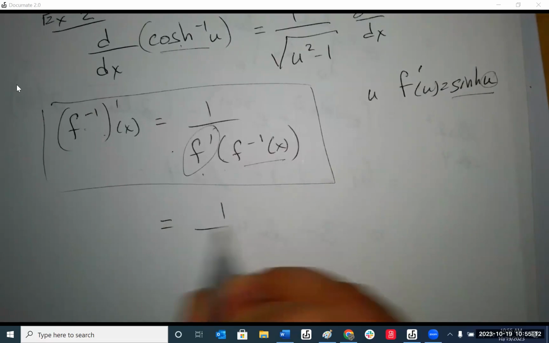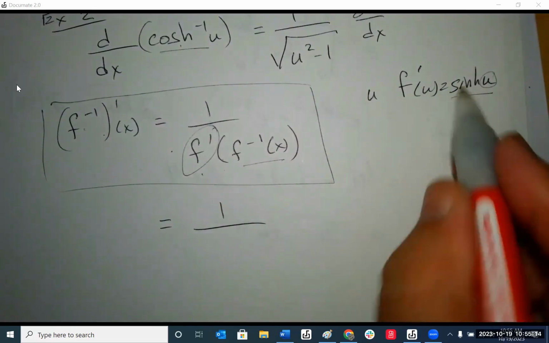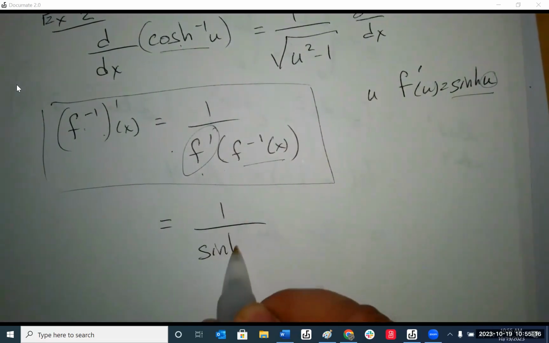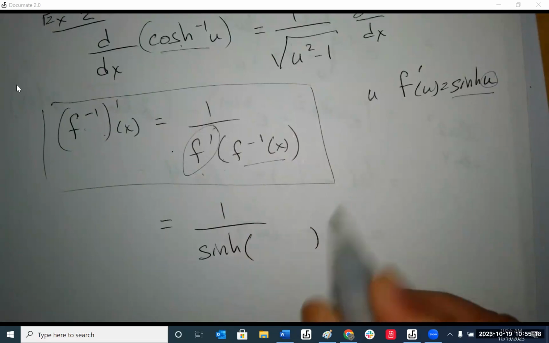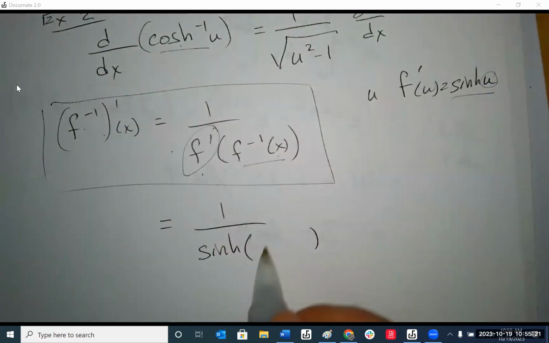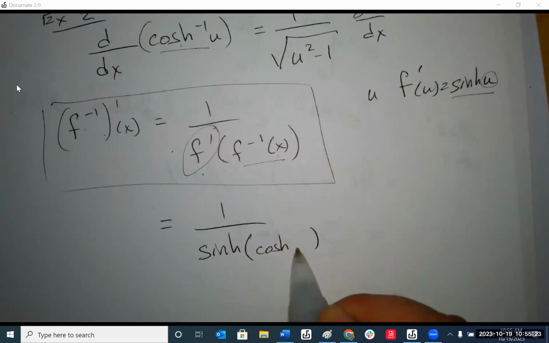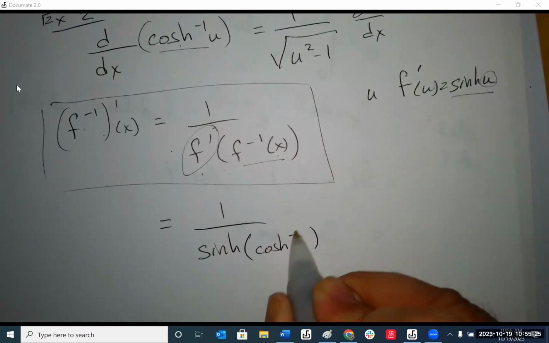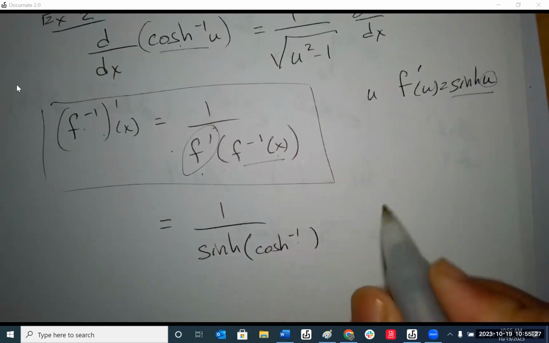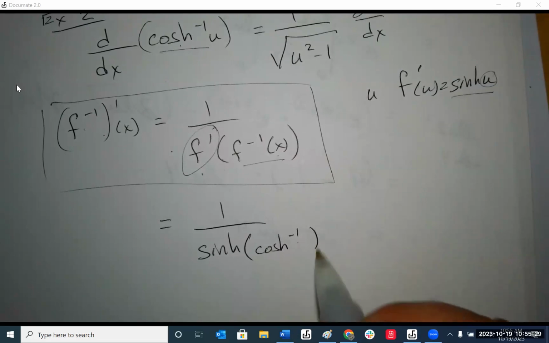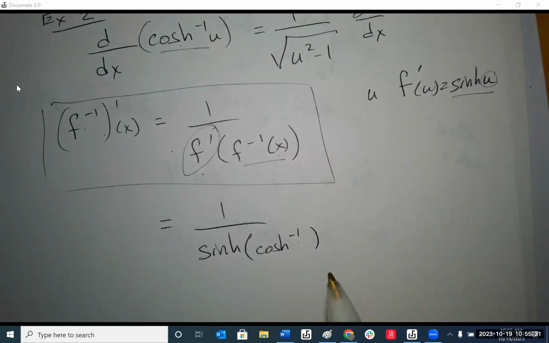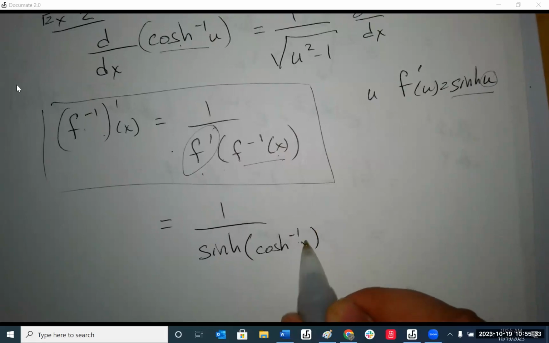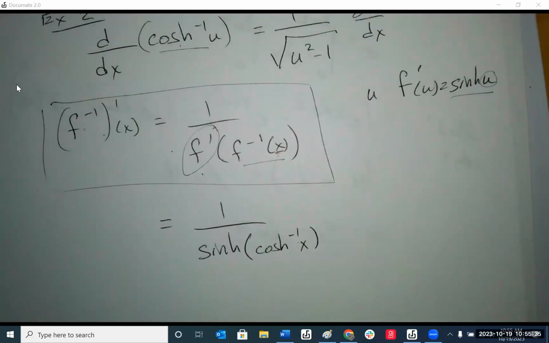So we'll do 1. F prime is hyperbolic sine of the inverse, which is the cosh inverse with respect to x, because it's got to be x inside there.